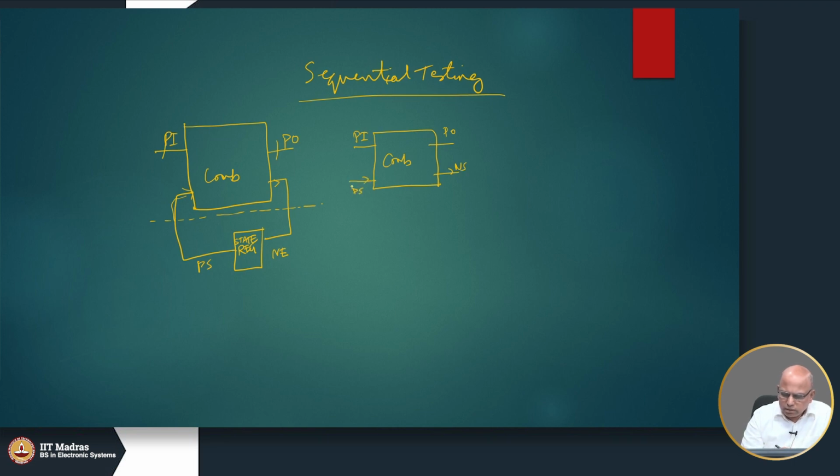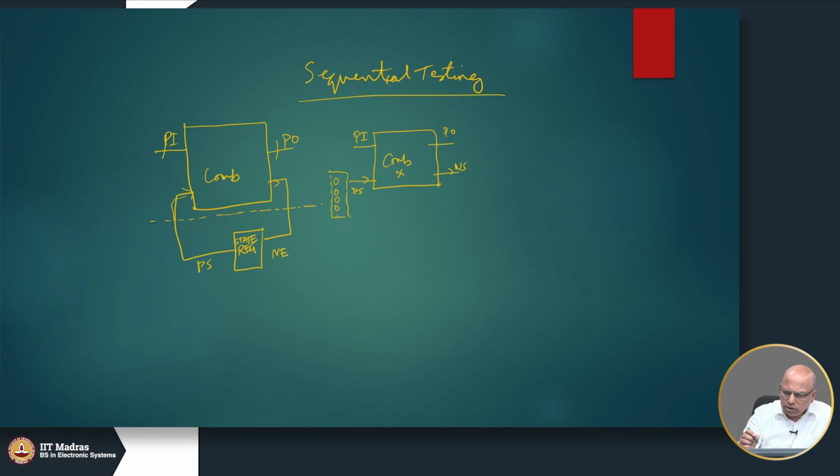Okay. You may assume that initially I am able to reset the flip flops. So, initially you may be able to go to, let us say, all 0 state or something like that. Our intention is I have a stuck at fault here and I want to activate that fault and propagate the fault to one of the primary outputs. Okay.